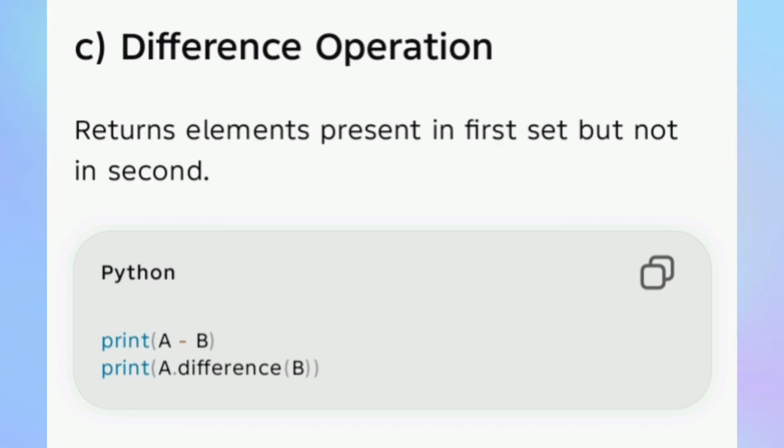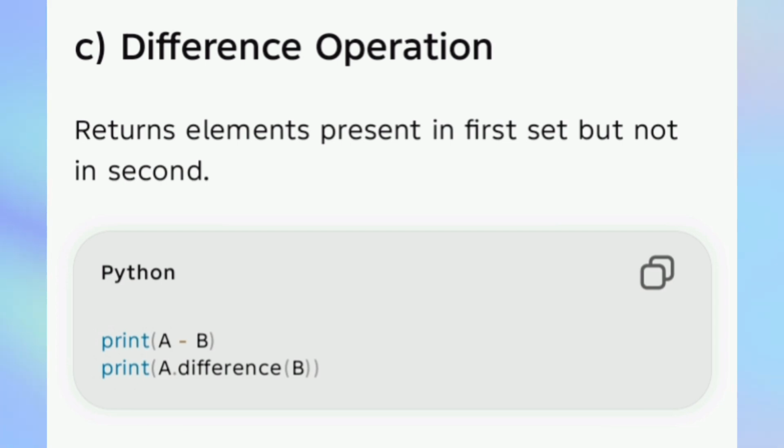The difference operation returns the elements present in the first set but not in the second. Difference means we compare the two sets, and the elements that are only present in the first set, not in the second set, act as the difference.